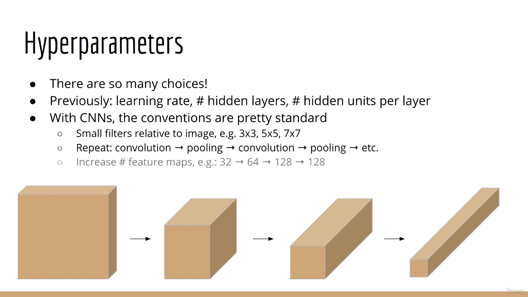Another guideline is to increase the number of feature maps at each convolution. So you might start with 32, and then 64, then 128, and maybe 128 again. The best way to learn about how other people are doing it is to read lots of papers and check out which hyperparameters they selected. Generally, you'll find that this is the pattern followed by most convolutional networks.